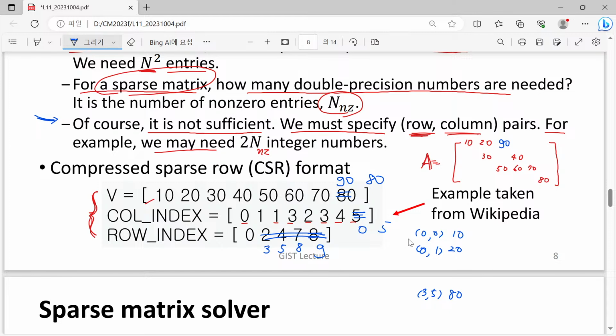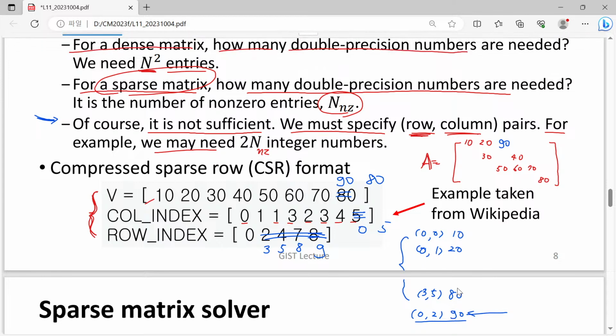Let's say that we have already made this kind of A matrix. Then if we have to introduce another one, then what we have to do is 0, 2, 80. When we just attach it to the end of this description, then now we have another description for matrix A. Okay, are you with me? So then we can easily modify this A matrix.